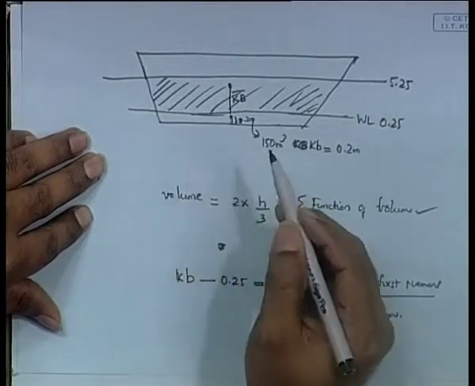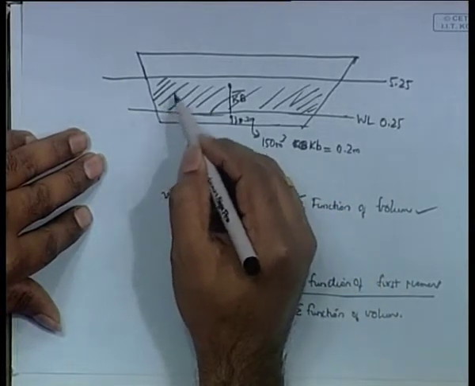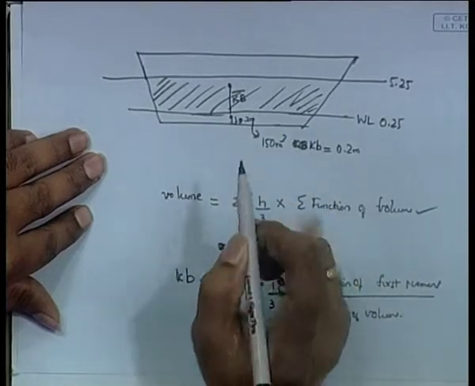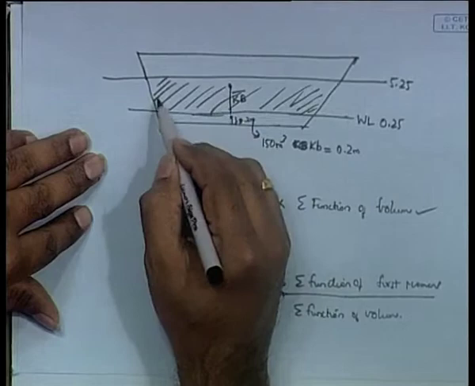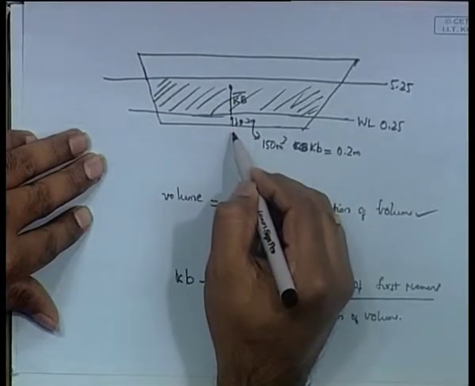So plus 0.25 will give you the KB for this volume alone. Remember, it's for this volume alone. It doesn't include the KB of the other region. It's just the KB of this region based on the general coordinate system.